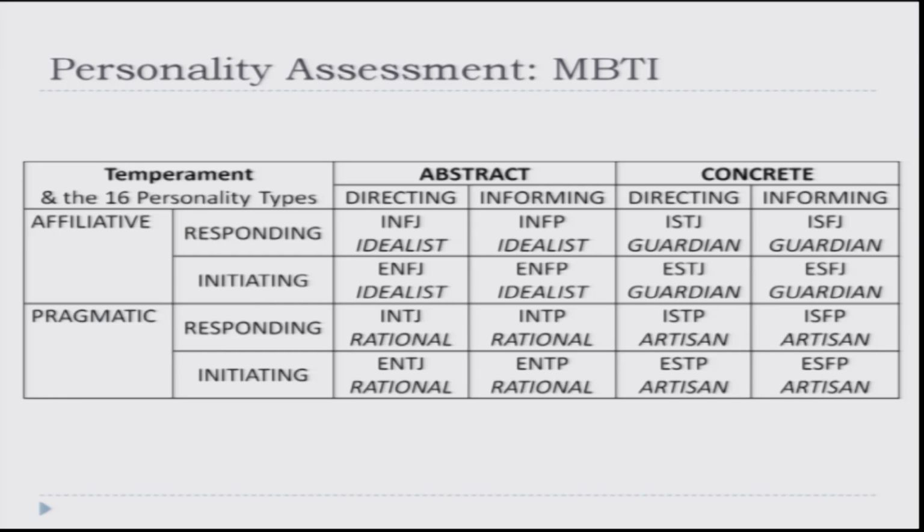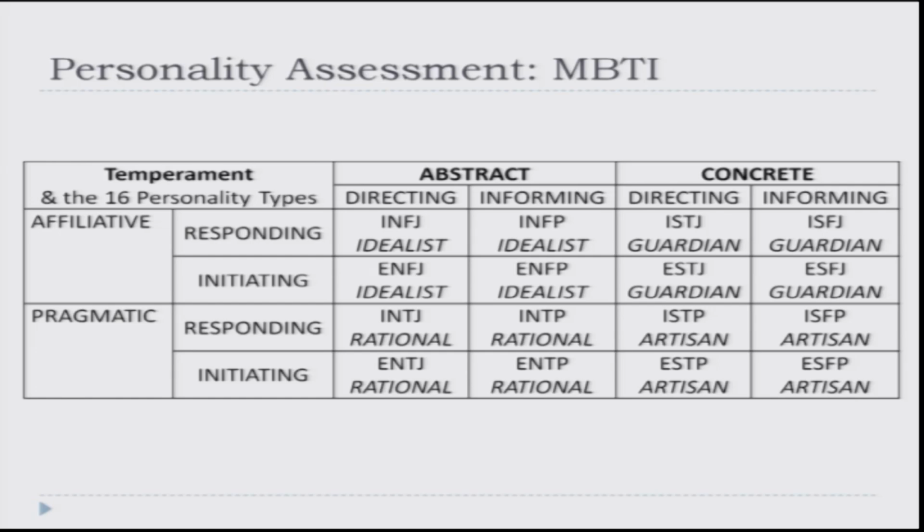This is one. What you would realize is that again you come forward with 16 different combinations, and there are words written there: idealist, guardian, rational, artisans. These are the broad temperaments. But within the same temperament you would realize that you have variation. For instance, for idealist there are 4 different types. Affiliative, responding, abstract, directing.